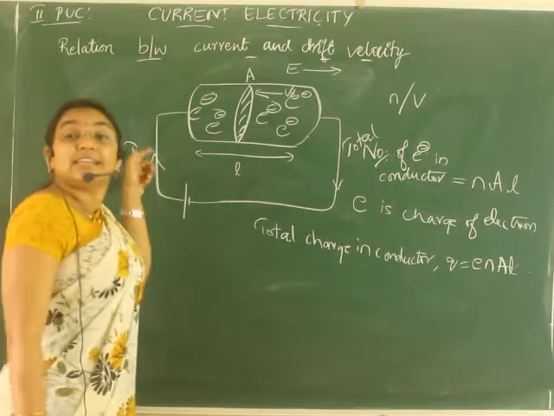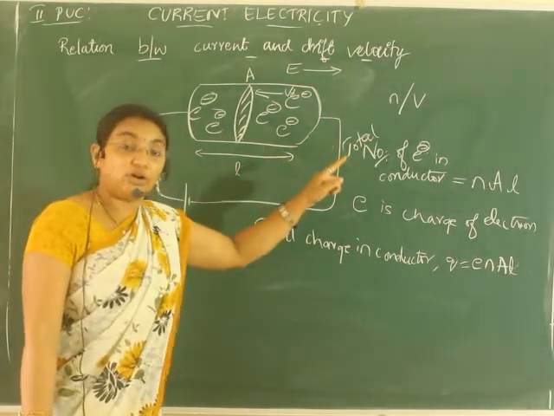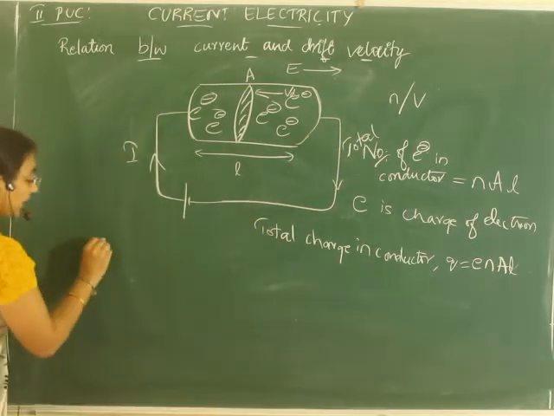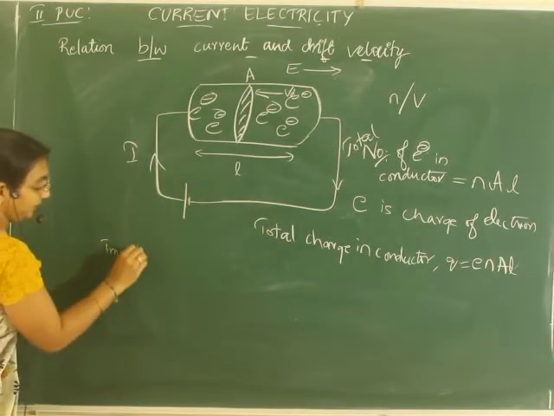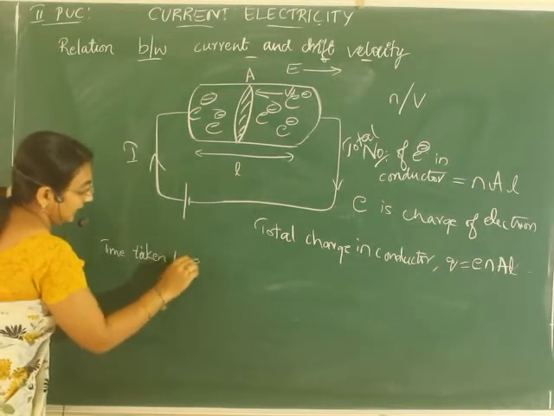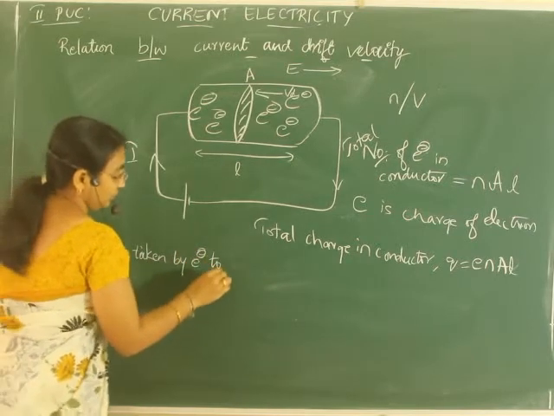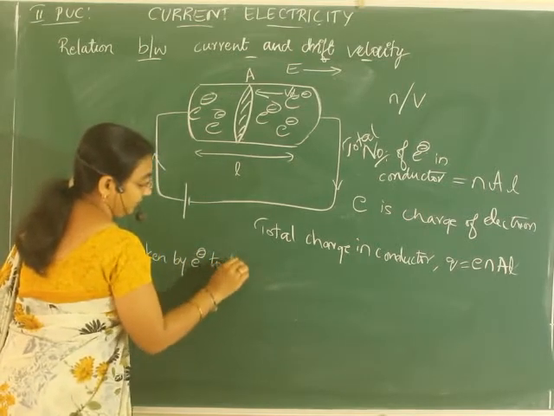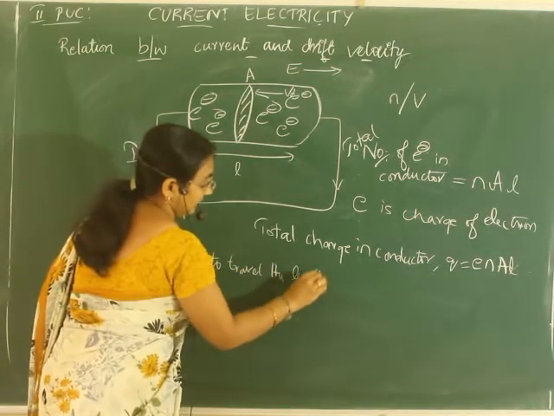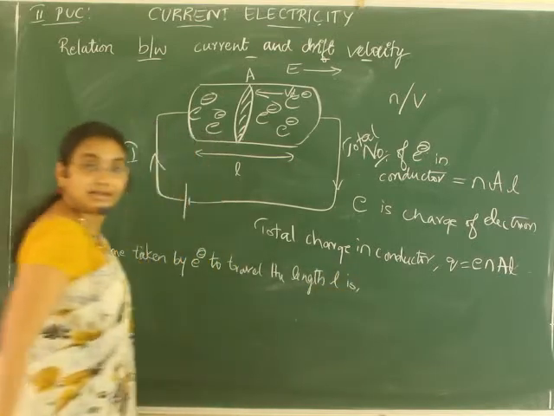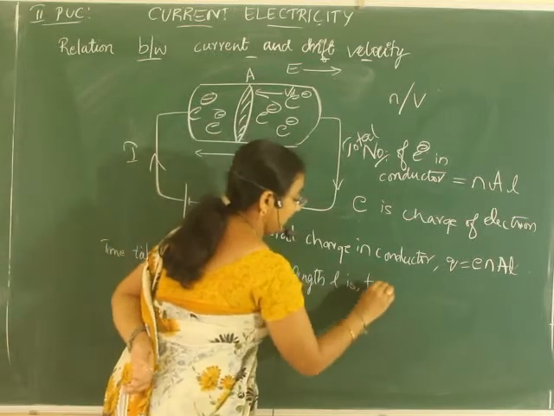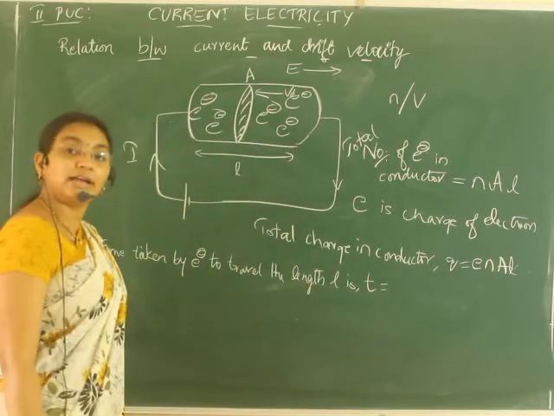Next, what is the time taken by the electron to reach from one end to the other end? So I'll write time taken by electron to travel the length L, from here to here, is, how to write, time t is equal to, how can I calculate the time?